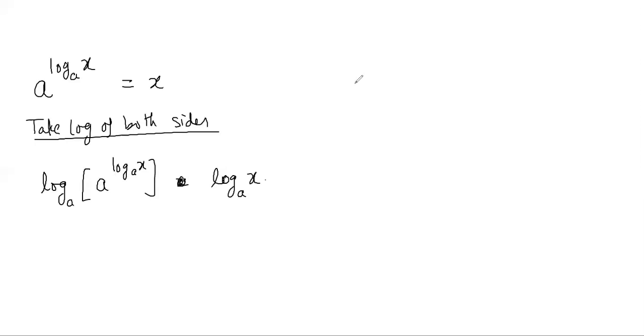So I can use this formula, log of b base a to the power n can be written as n times log of b base a. Okay. So the LHS can be written as, so this is LHS and this is RHS.